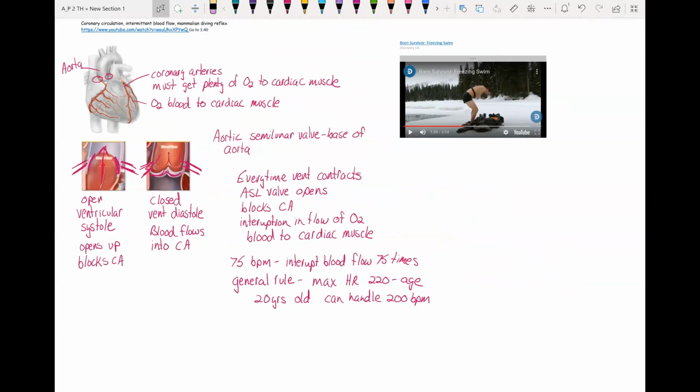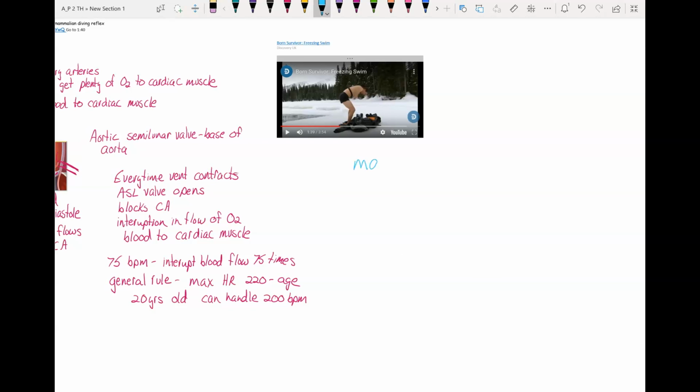There's an interesting phenomenon that goes along with this called the mammalian diving reflex. And this is found in all mammals. And remember from chapter 13, learning cranial nerves, you have the trigeminal nerve. This nerve is in your face, and it senses temperature of your face. It responds to cold water touching your face.